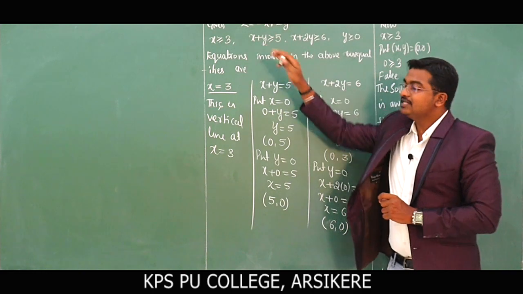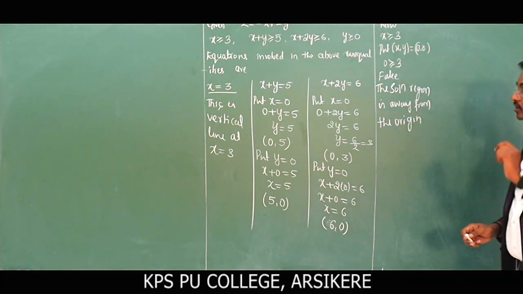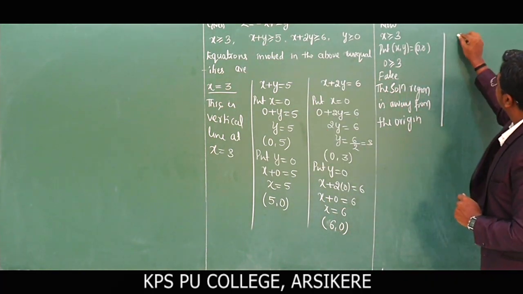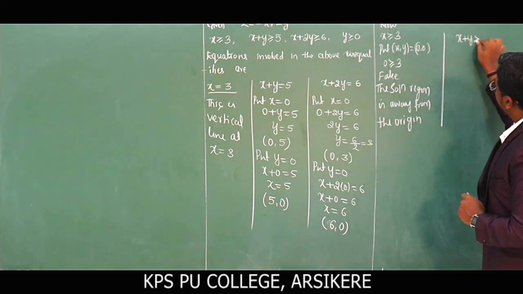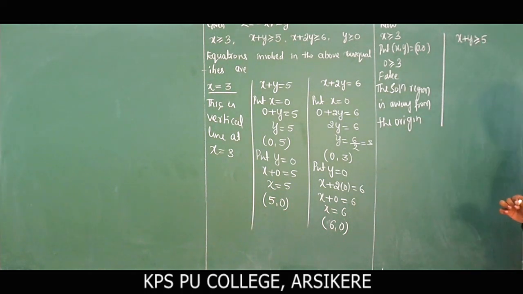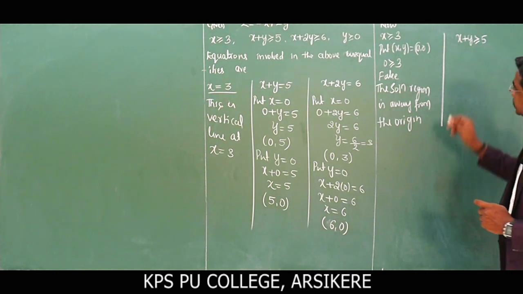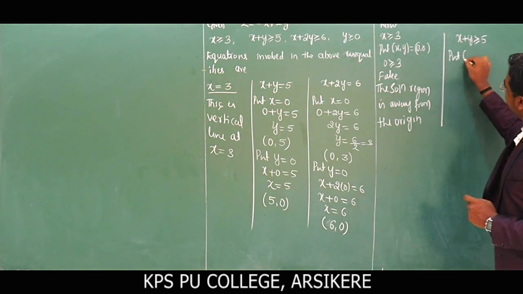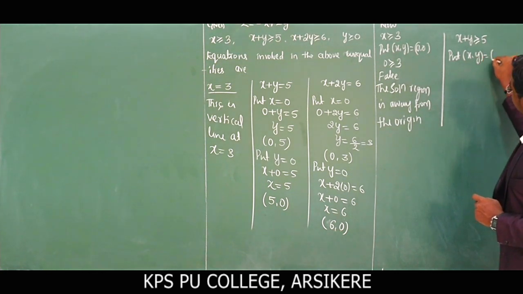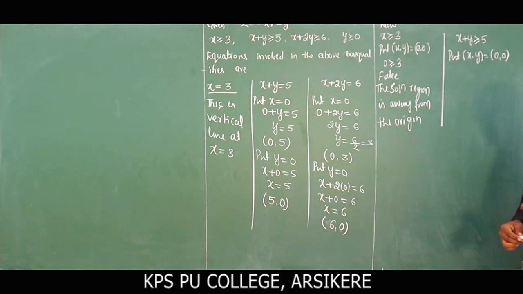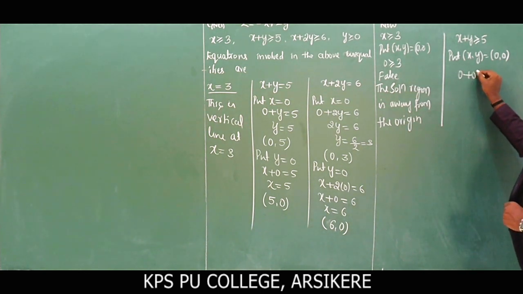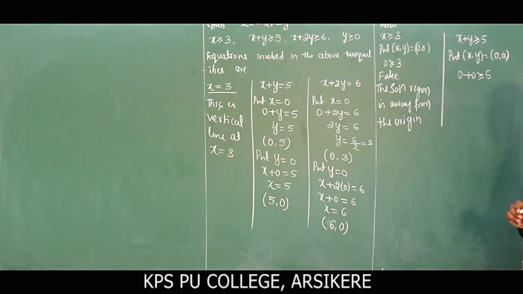The second one is x plus y greater than or equal to 5. Similarly here also, substitute x is equal to 0 and y is equal to 0. Put x comma y is equal to 0, 0. The inequality becomes 0 plus 0 greater than or equal to 5. 0 plus 0 is again 0, greater than or equal to 5.